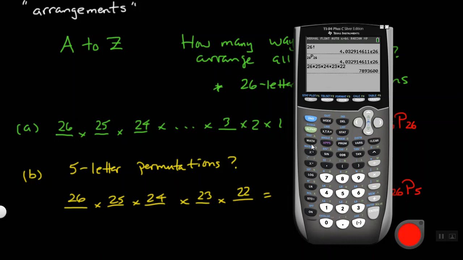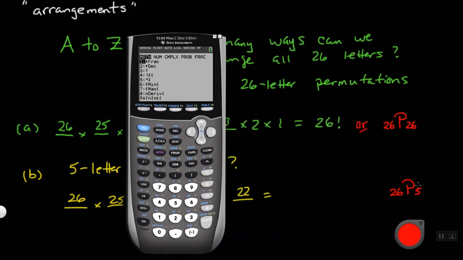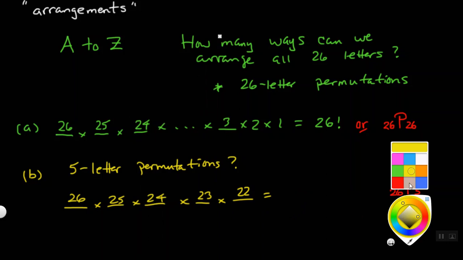And let's verify that. Let's slide this over. If I use that 26P5 notation, and notice I forgot to put in my 26 first. Make sure I do that. I forget that probably at least half the time. Number 2 is the permutation button, and if I take 5-letter permutations, we get, of course, the same answer, which we'll scribble down here in yellow.